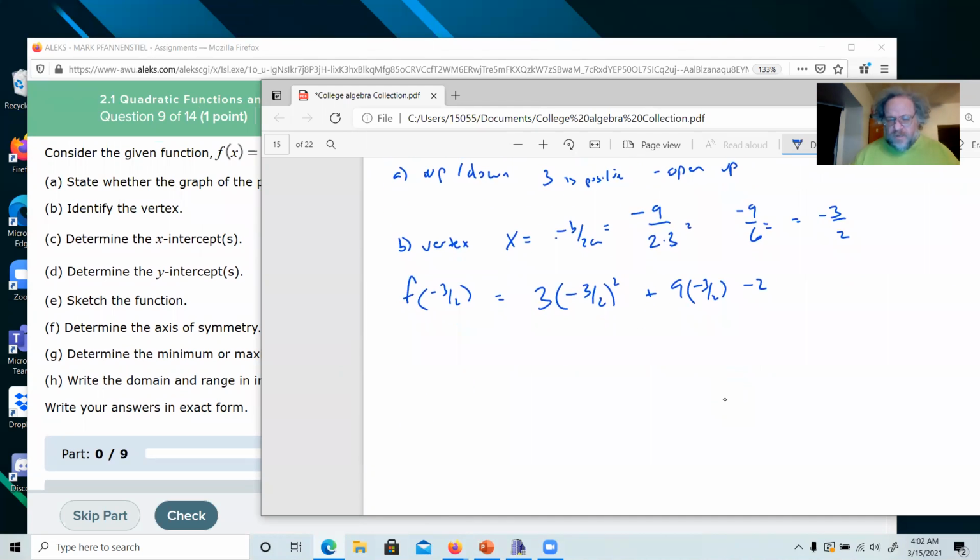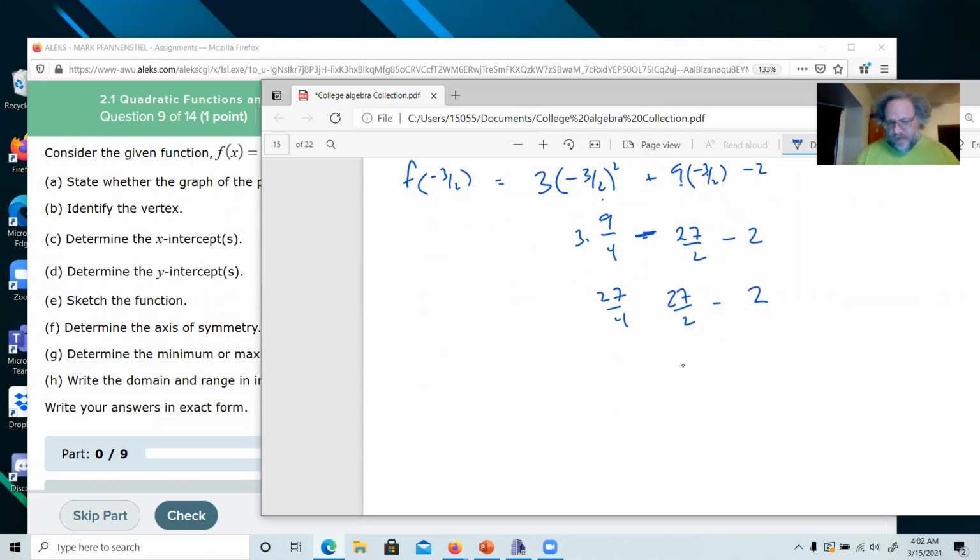So 3 halves squared is going to be 9 quarters, right? 3 squared, 2 squared. This is times 3. This is going to be minus 27 halves, minus 2. So we have 27 fourths minus 27 halves minus 2.